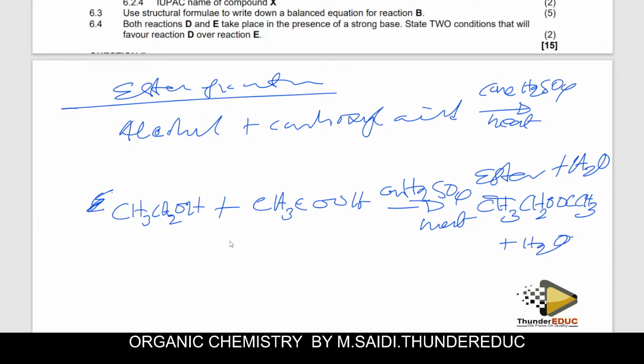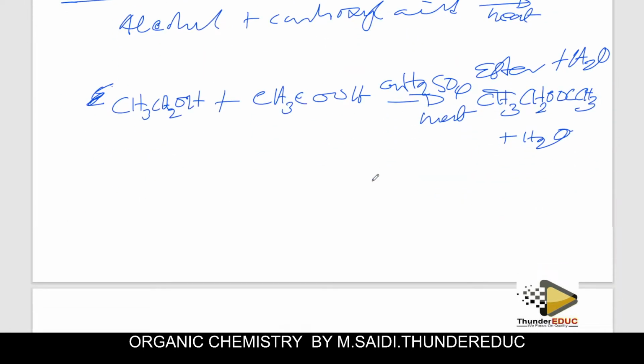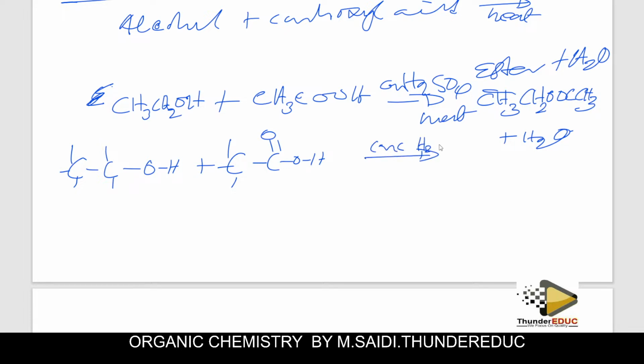Now let me write the structural formula for each so that you understand better. CH3, so it's going to be like that. Then plus this, then giving you concentrated sulfuric acid and heat.